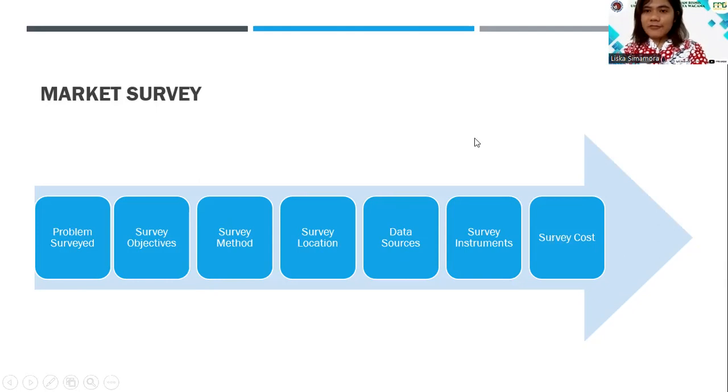Let's say you don't have the money to fund your transportation fee when you want to go to your location, and you don't have money to fund your accommodation. It means the survey will be delayed, right? So make sure you have considered the survey cost, for example, how much you need and who will provide your fund. So you have to consider that.